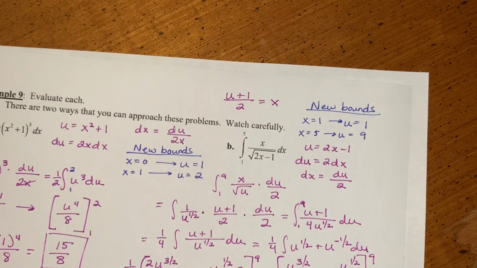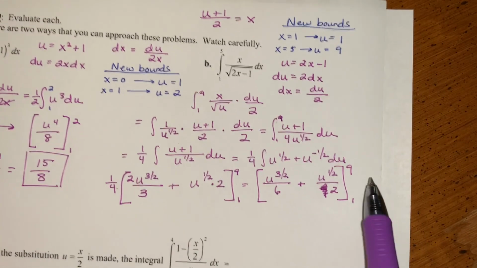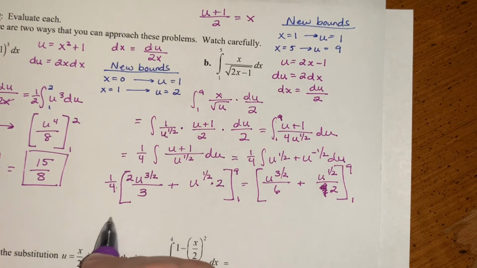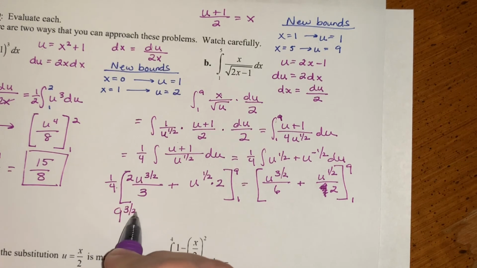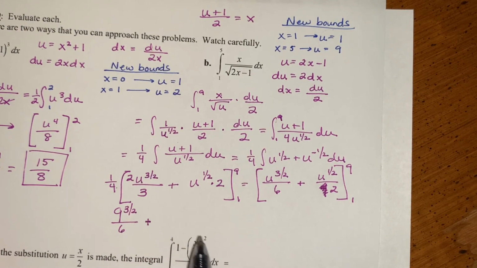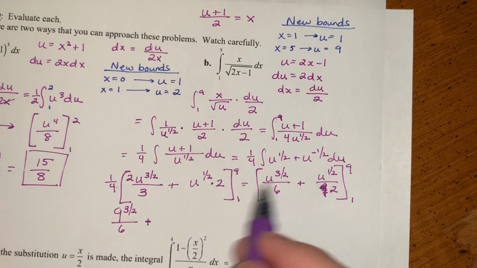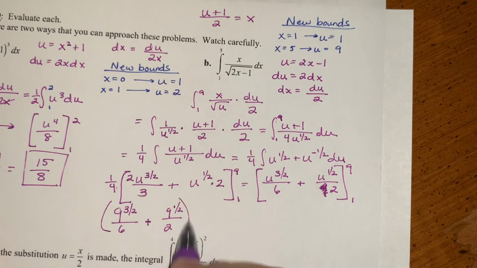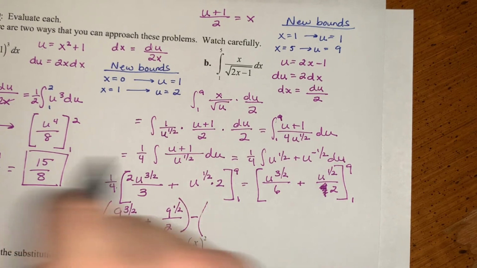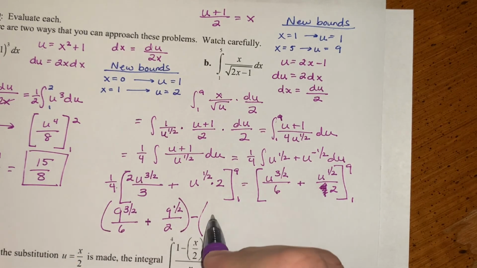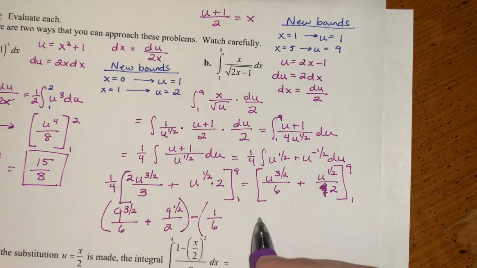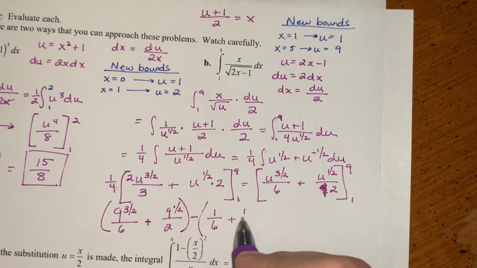Now let's go ahead and plug in our upper and lower bound. So if I plug in 9, that's like saying 9 to the 3/2 over 6 plus 9 to the 1/2 over 2. Then all of that minus 1/6, because 1 to any power is just going to be 1, plus 1/2.